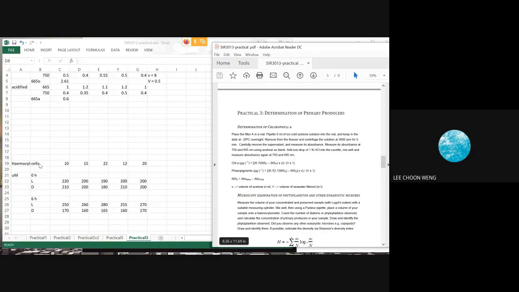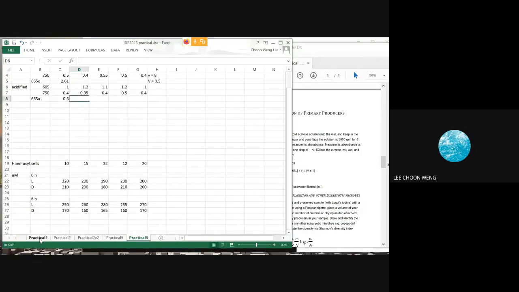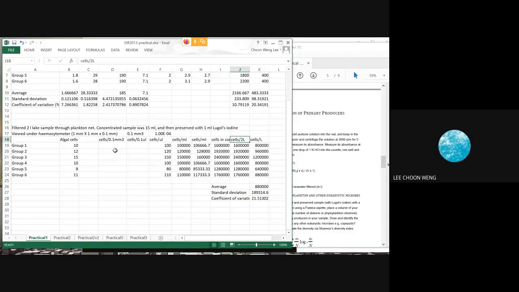And then these are the hemocytometer readings, the cells that you measured from practical 1. If you remember, this is how you measure it. These are the algal cells that you observe in a hemocytometer and then convert to cells per liter.